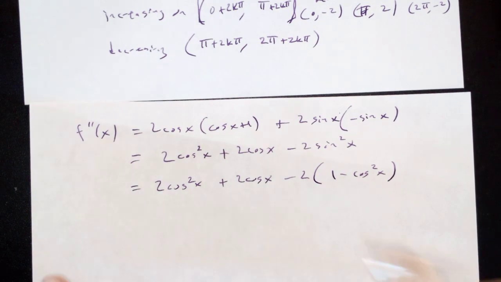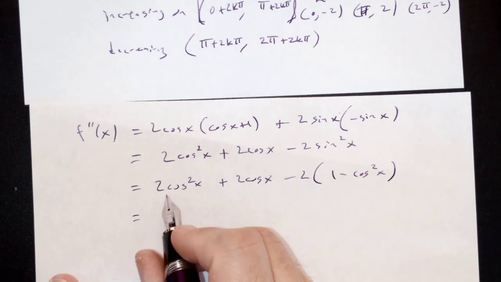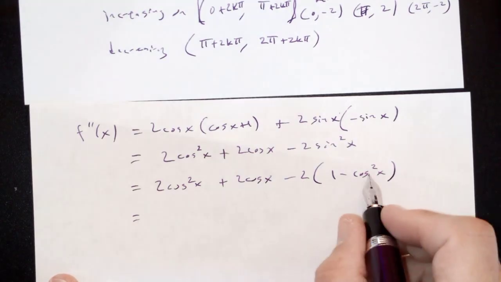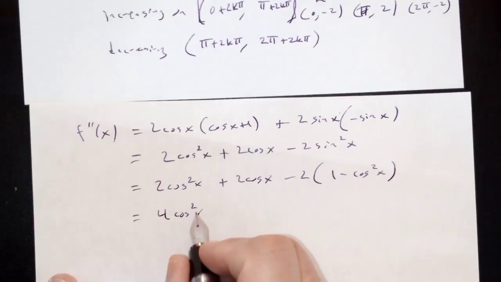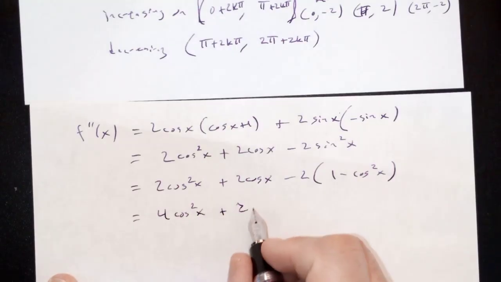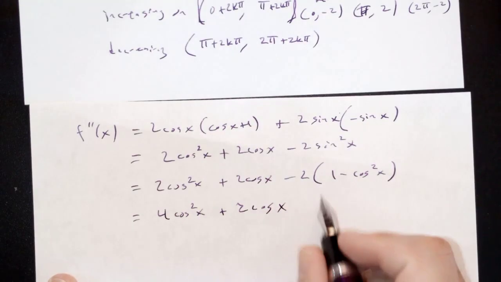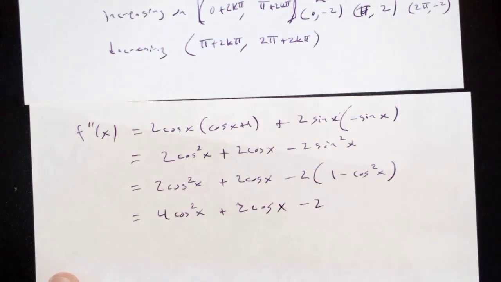Hey, wait a second. 2 cosine squared minus 2 times minus cosine. That's another 2 cosine squared. 4 cosine squared x plus 2 cosine x minus 2.